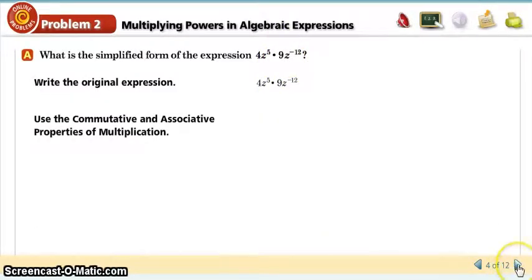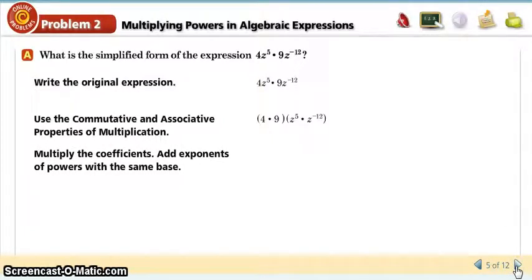Use the commutative and associative properties of multiplication to rearrange terms. Commutative property tells you can change the order. Associative property tells you can change the grouping. So we changed the order and we grouped together our like or common components of this expression.